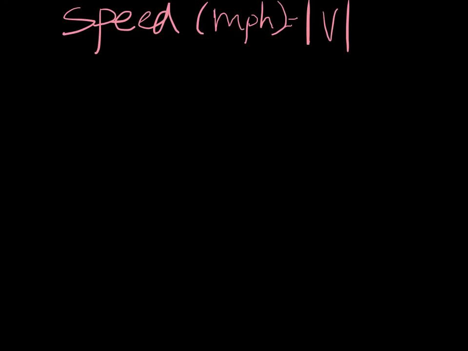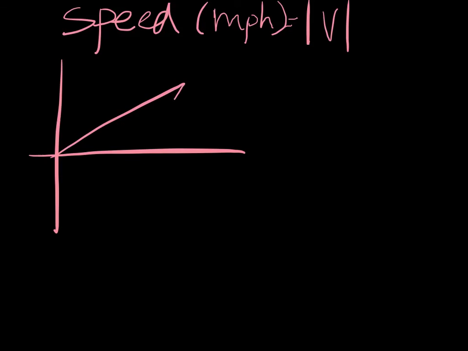Okay. So, in example 7, it says the DC jet airplane is flying at a bearing of 65 degrees at 500 miles per hour. First thing I'm going to do is draw my airplane, flying in a direction bearing 65.